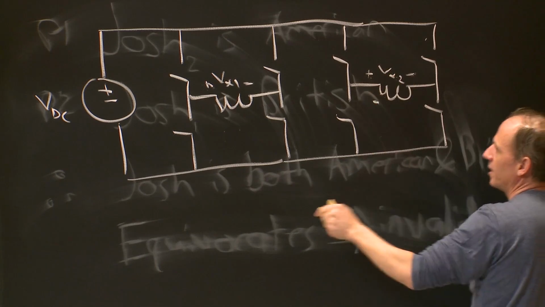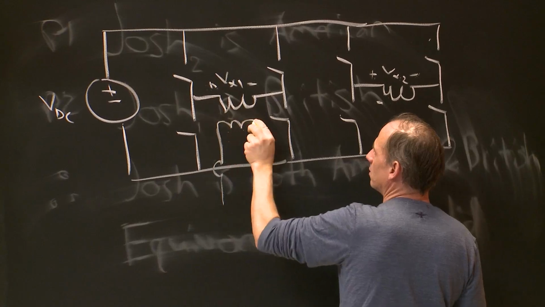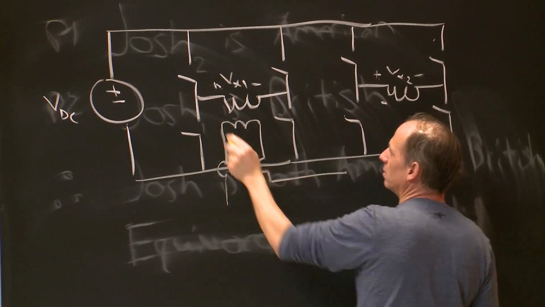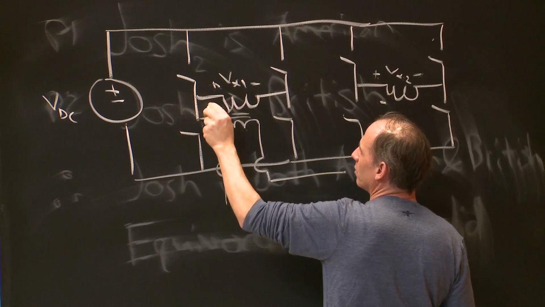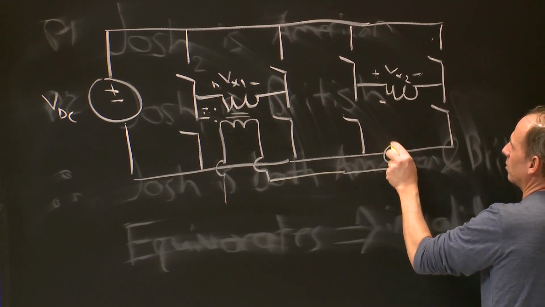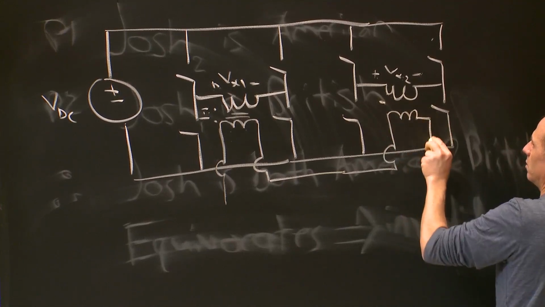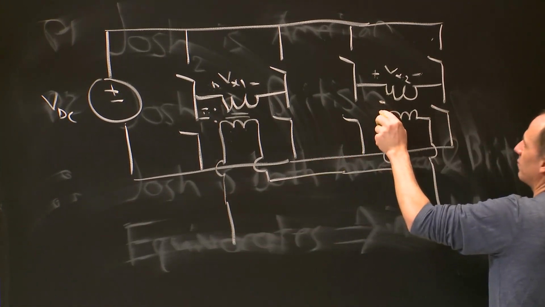What I'll do is transform or couple these two outputs like this. Let me just imagine this is a 1-to-1 transformer, and here's another 1-to-1 transformer. So this is Vx2.